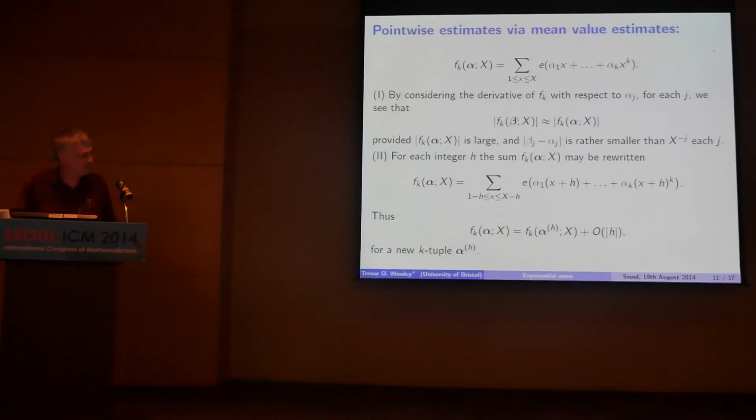So alpha k x to the k still occurs. The coefficient of x to the k minus 1 contains an extra term involving k times h times alpha k, as well as the original coefficient alpha k minus 1, and so on. So I get some sort of change in the coefficient, but also the summation range changed.